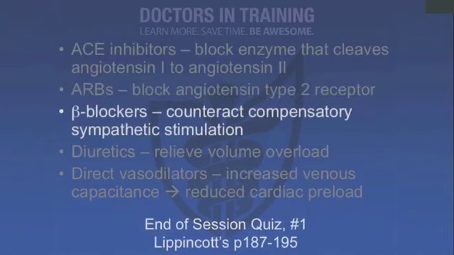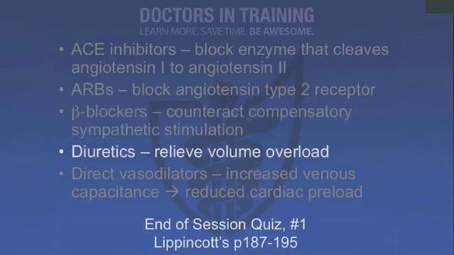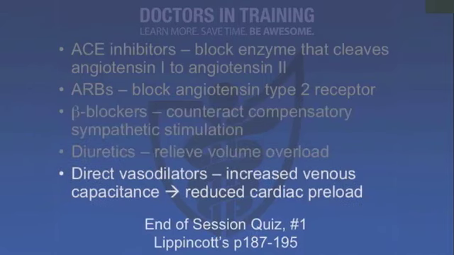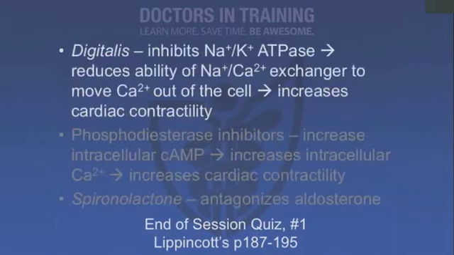Beta blocker, they will counteract the compensatory sympathetic stimulation. Diuretics relieve volume overload. Direct vasodilators will lead to increased venous capacitance and reduce cardiac preload. Digitalis will inhibit the sodium-potassium ATPase pump, reduces the ability of sodium and calcium exchanger to move calcium out of the cell, so you increase cardiac contractility.